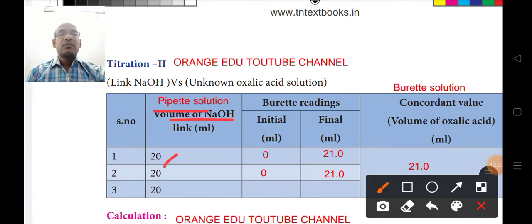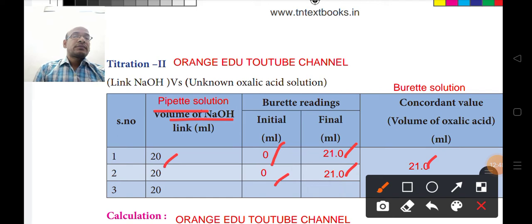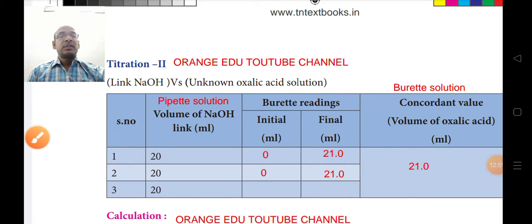Therefore we can write initial volume is 0, final volume is 21.0 ml. During the titration we get this value. This oxalic acid is taken in the burette, therefore written in the table column.